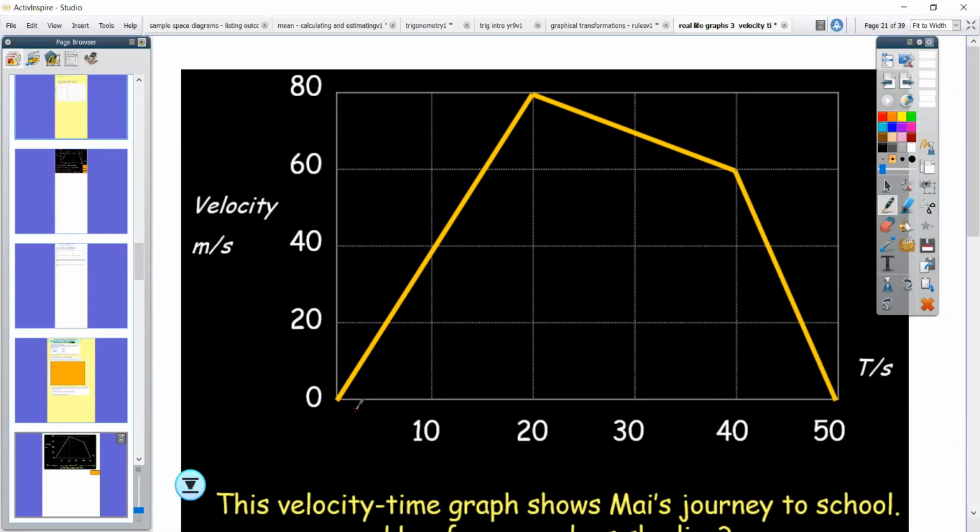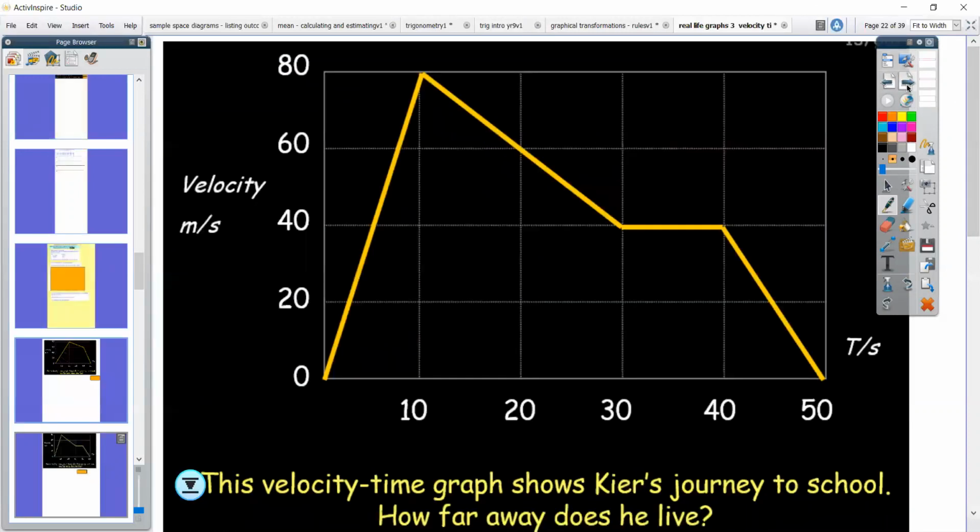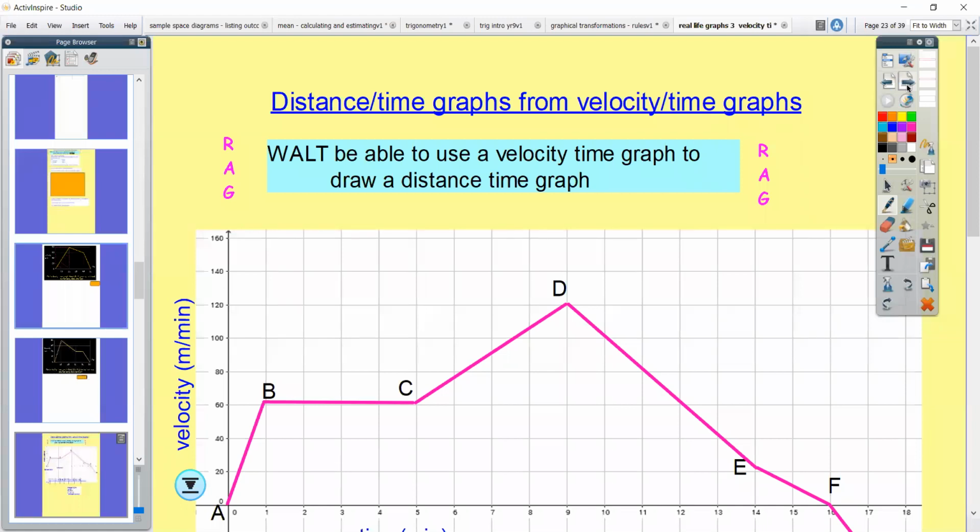Well, that would be the area of all this rectangular area. And we know actually the area under the graph is what we want. So we'd have to half that, so 800 meters there. And this is good practice at the start of introducing that sort of pre-calculus work on area under a graph is equal to the distance moved.